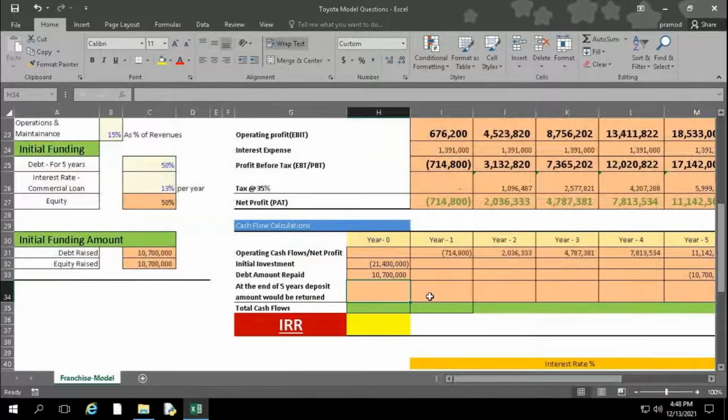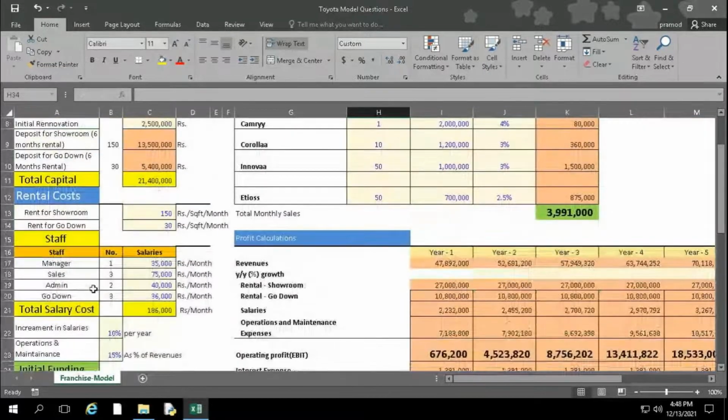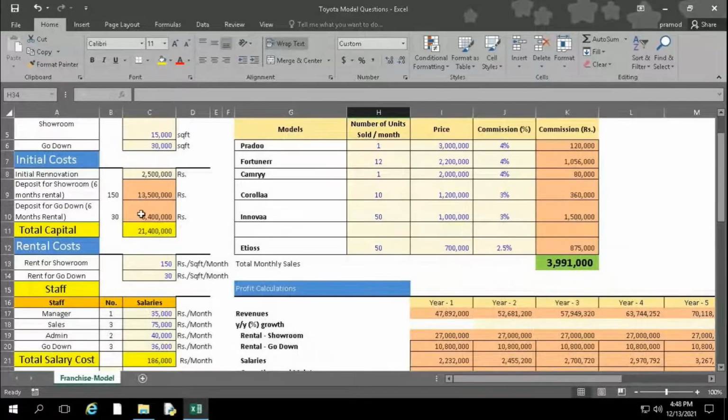So at the end of the 5 years, the deposit amount would be written. So here you need to find out your deposit amount at the end. That will be these two: deposit for the showroom of 6 months and deposit for the godown of 6 months.